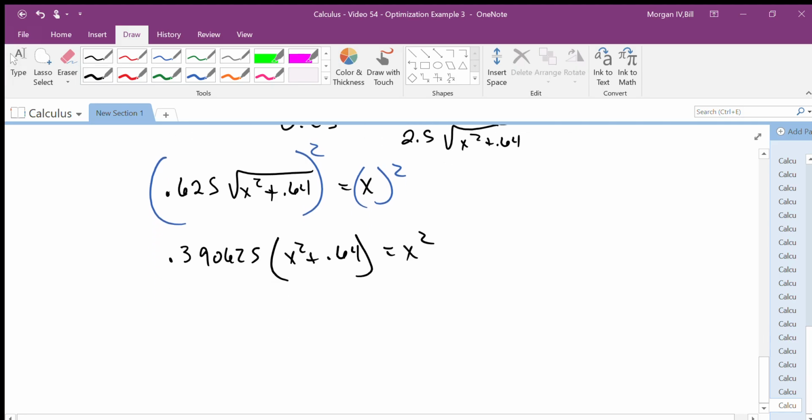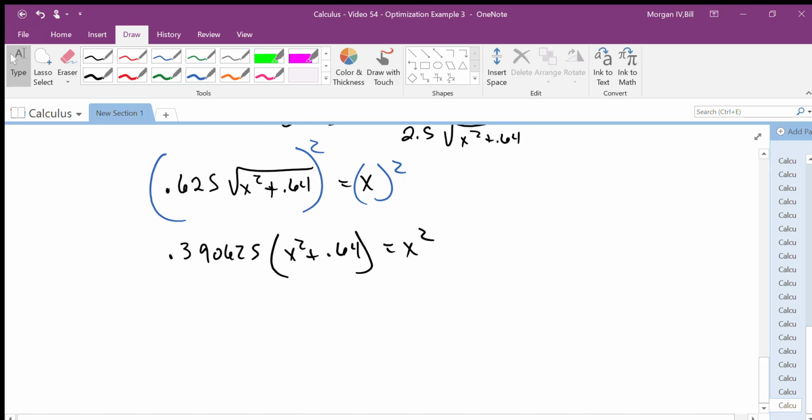All right. Distribute. So 0.390625x squared plus, oddly enough, 0.25. 0.64 times 0.390625 is 0.25, equals x squared.